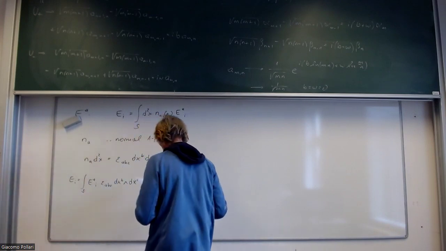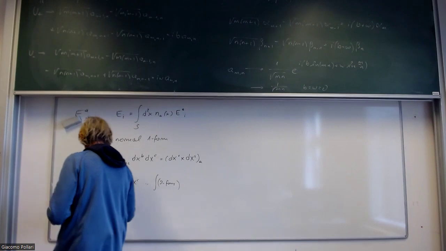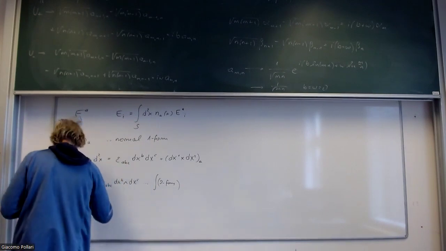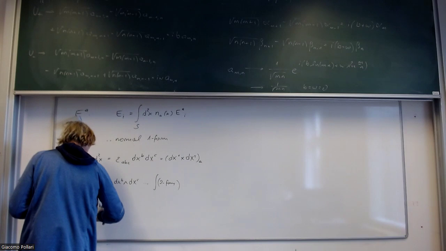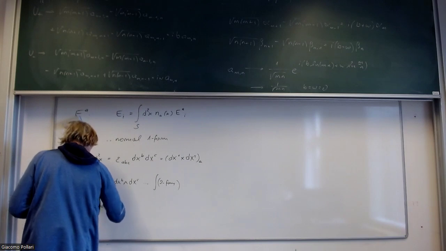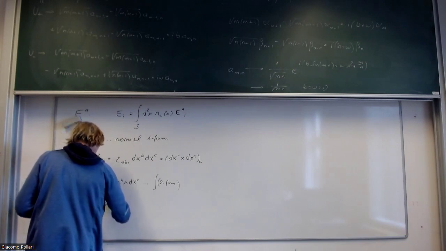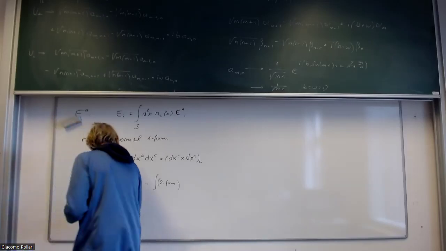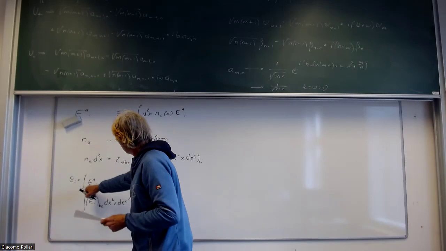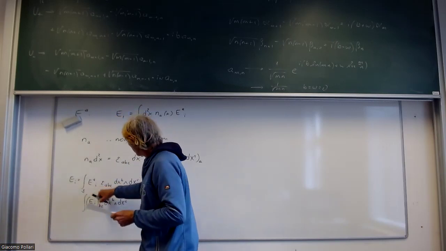But E^a_i epsilon_abc dx^b dx^c, this is the two-form component.